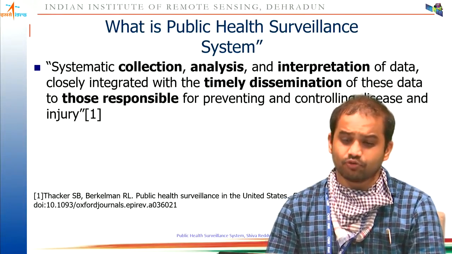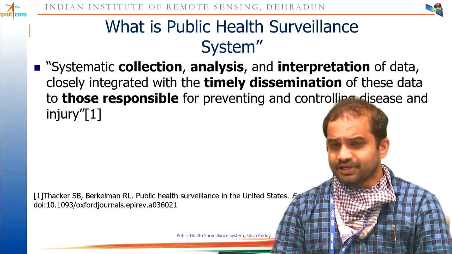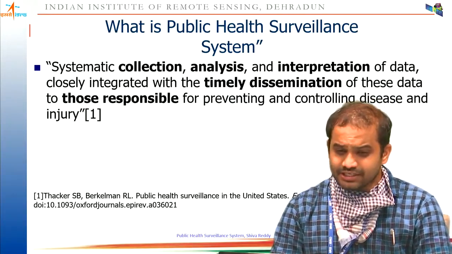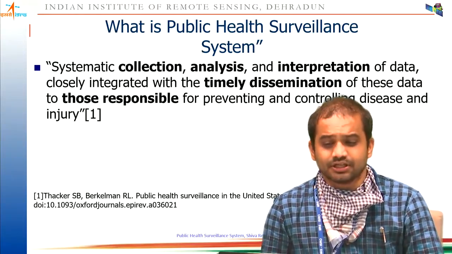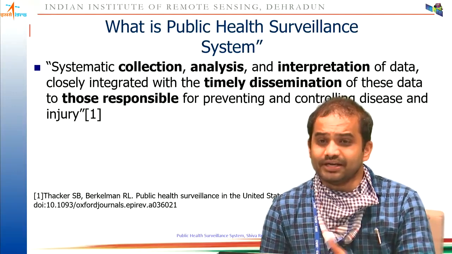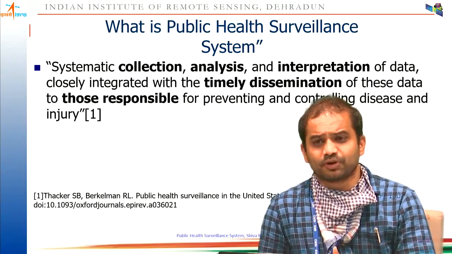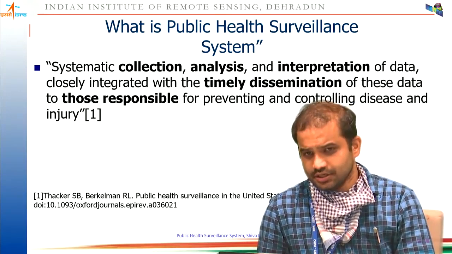And so then comes what we do after collection, analysis and interpretation. After interpretation, it is a very essential part of the public health surveillance system that this interpretation should be disseminated in a timely manner to the persons who are responsible for preventing and controlling, right?